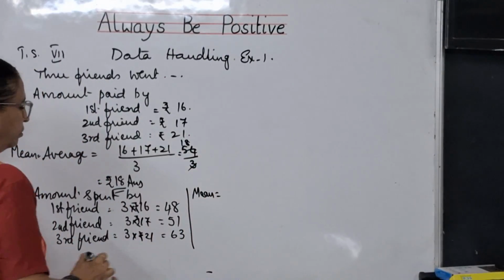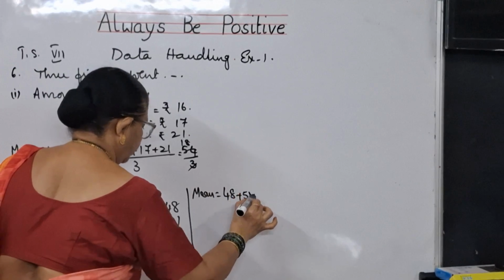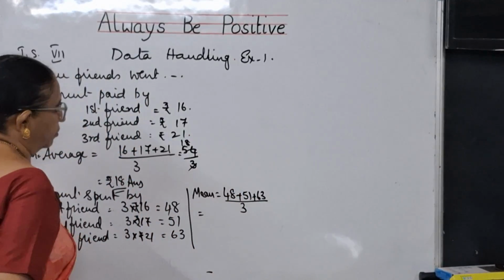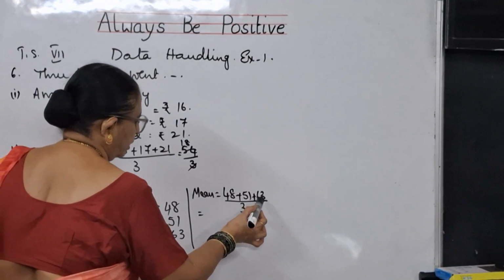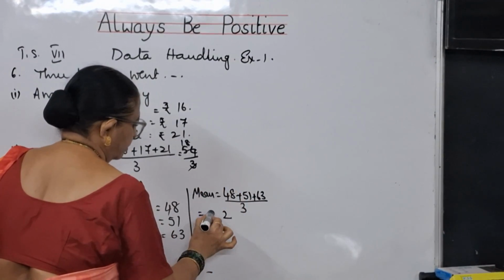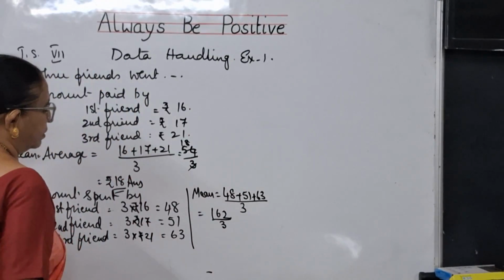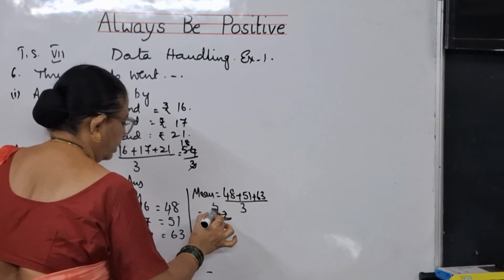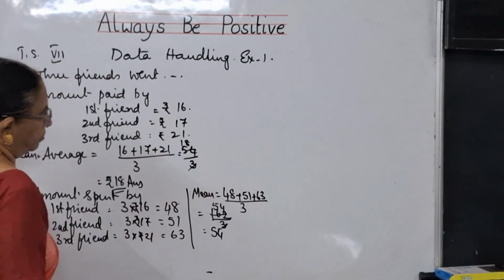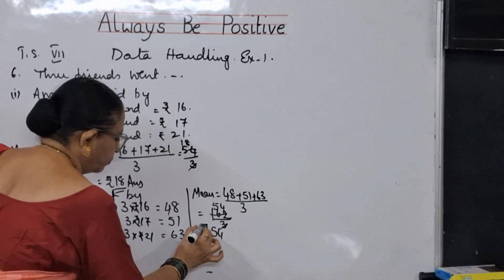Mean is equal to 48 plus 51 plus 63 by 3. That is equal to how much? 162 by 3. So the mean is rupees 54.